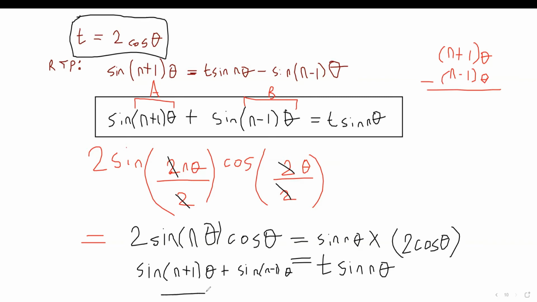So, hence, the sine of n plus 1 theta is equal to t sine n theta minus the sine of n minus 1 times theta.